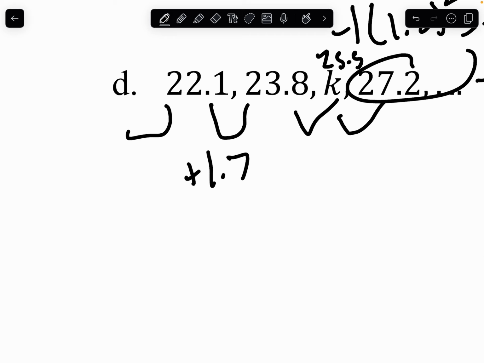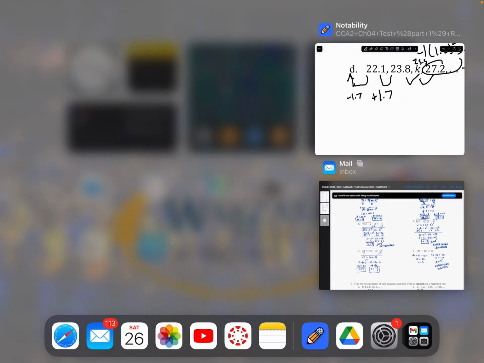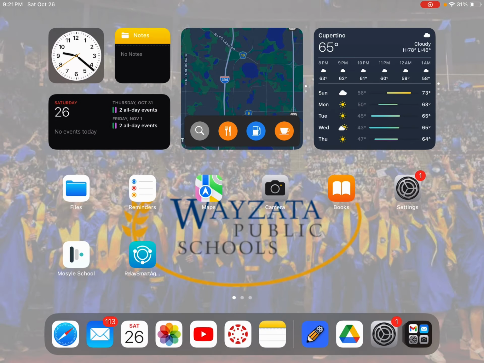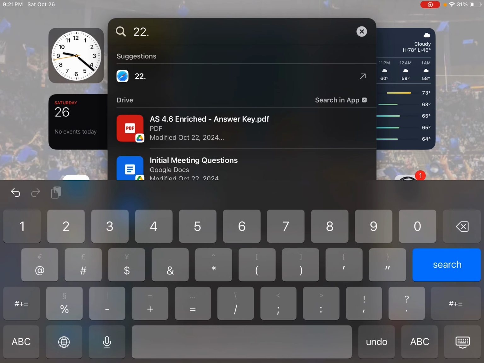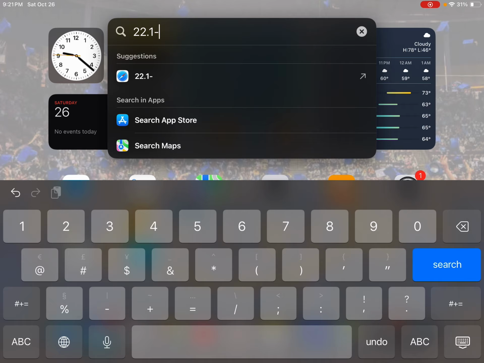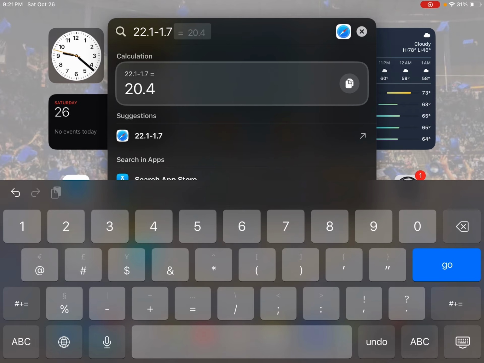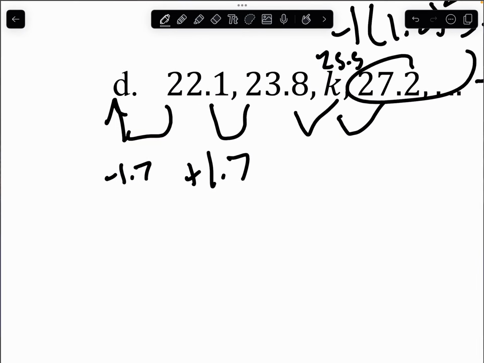So now we gotta subtract. We gotta subtract 1.7. So 22.1 minus 1.7, which is 20.4.